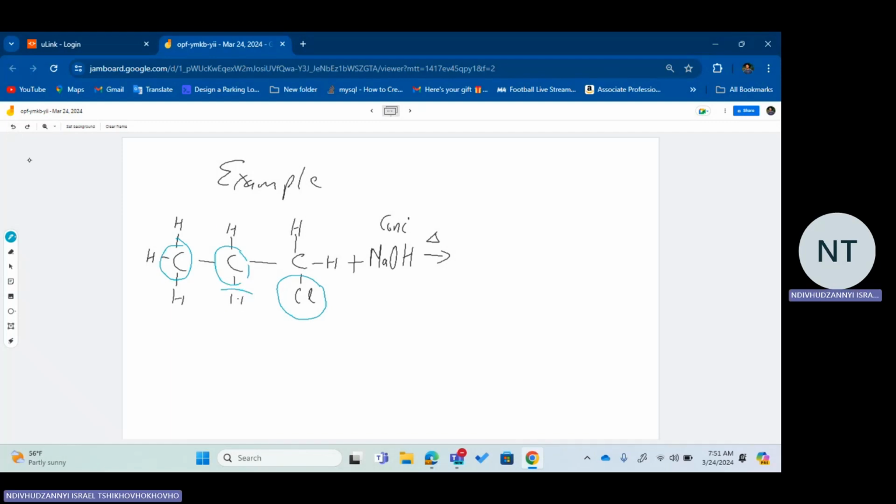So let me use a different color to try and bond two things here. The green will go and bond with the green. The blue will go and bond with the blue. Right. So by so doing, we'll find a way to form an alkene. So it's going to be 1, 2, double bond.